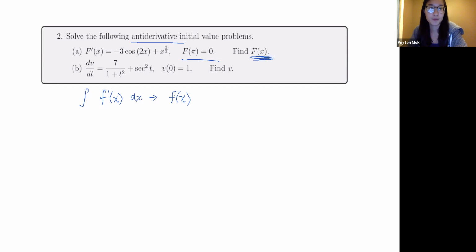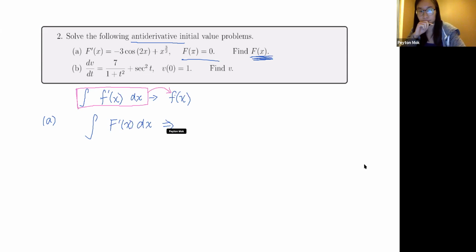So your first step for part A is to take the integral because they're asking for f of x. Notice that when you have this entire expression here, you get back f of x. So if I have the integral of f prime x dx, what does this get me?